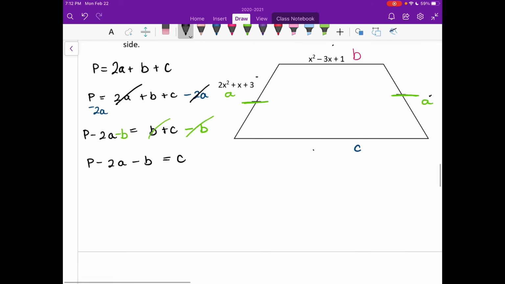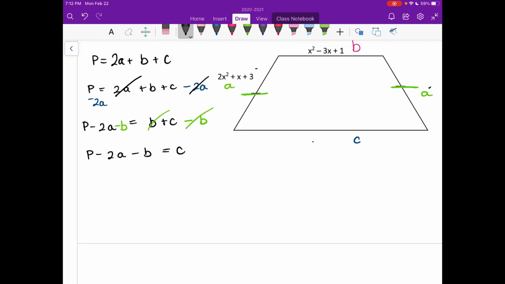So P is equal to 8x squared minus 6x plus 2, always in brackets, minus, and then A we said was green, so minus 2 times, and we're just going to leave the 2 out there, because we're substituting A in here, which is 2x squared plus x plus 3.